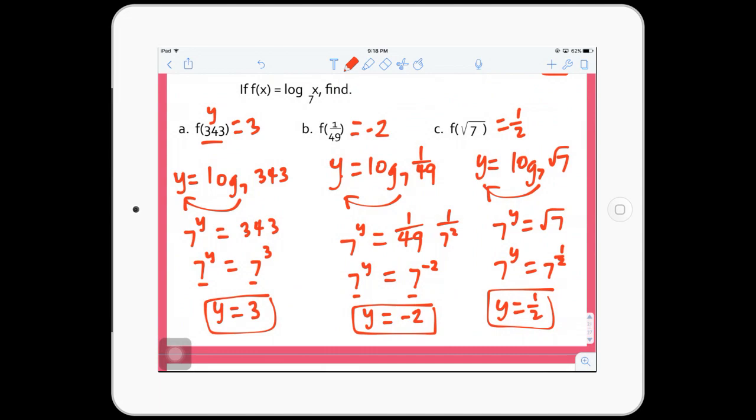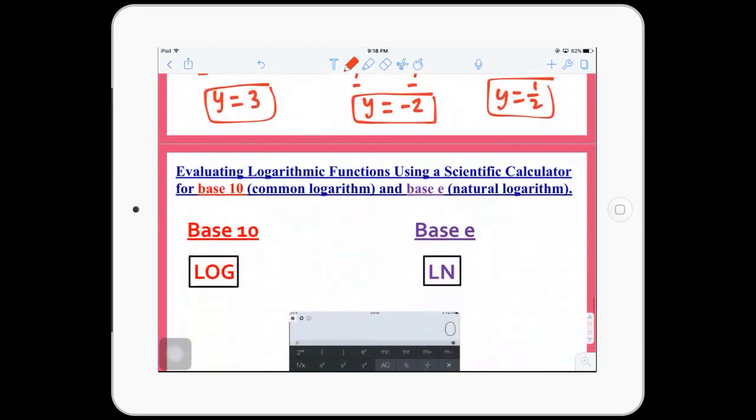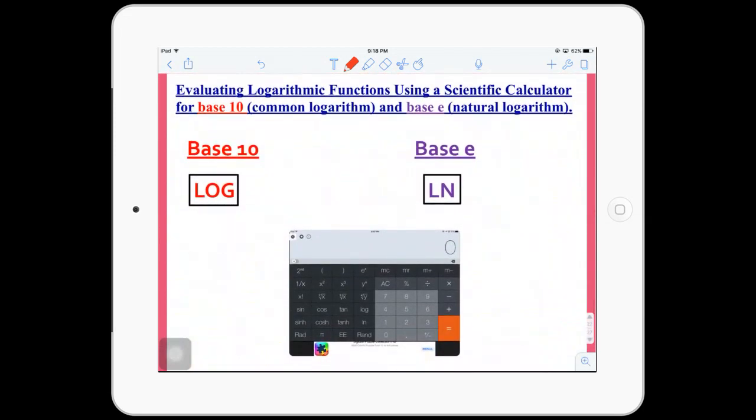And let's go on and take a look at the actual logarithm functions on the calculator. So evaluating on the scientific calculator. So first we have log. If you just have the word log, L-O-G, it just means there is a base of 10. So regardless whether you see the 10 or not, it automatically means base of 10.